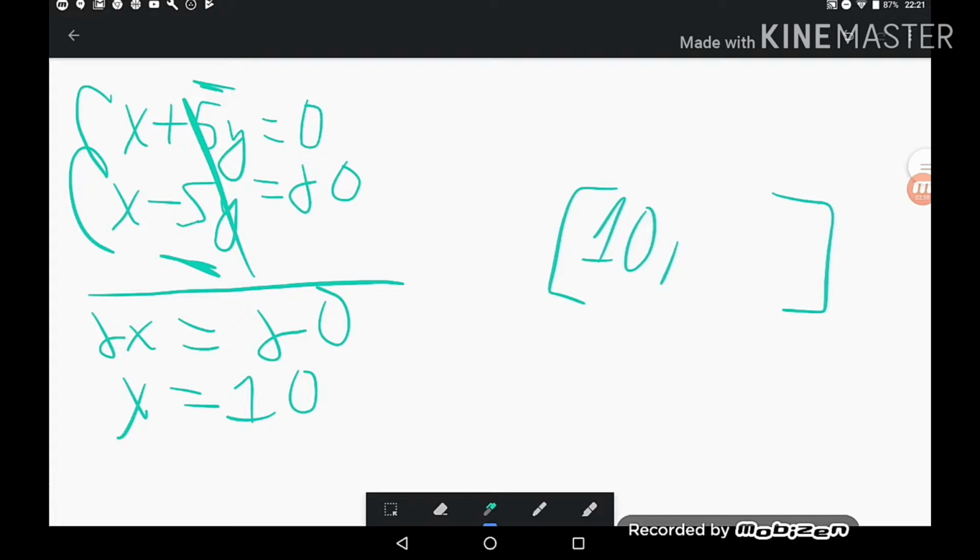So plugging x back into the top equation, you'll get 10 plus 5y equals 0. So you know that 5y has to be negative 10, because 10 plus negative 10 is 0, or 10 minus 10 equals 0. No matter how you say it, it's still the same. So you know that y has to be negative 2 to make that a negative 10.